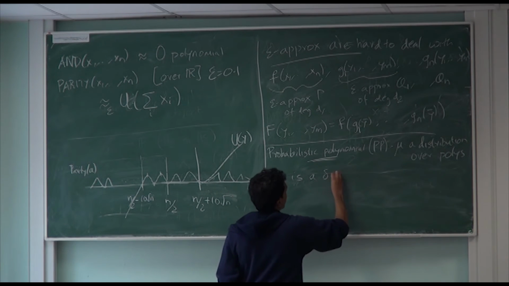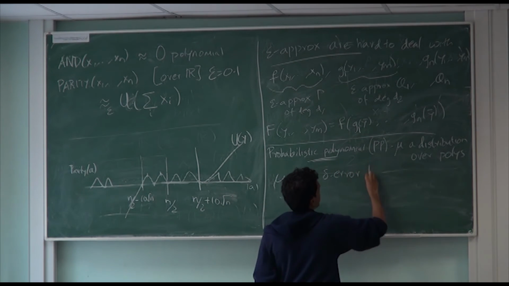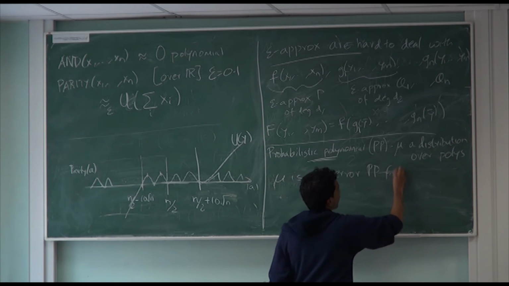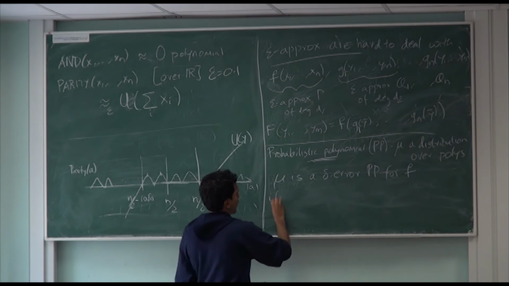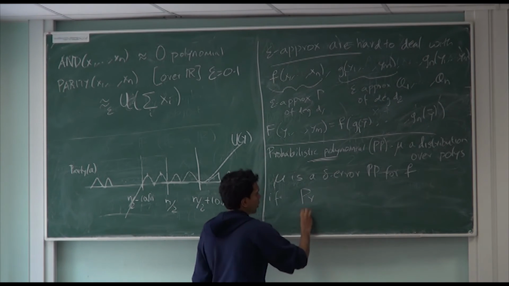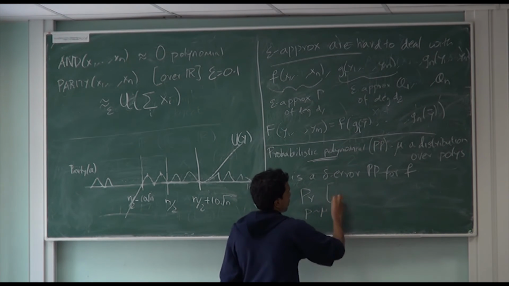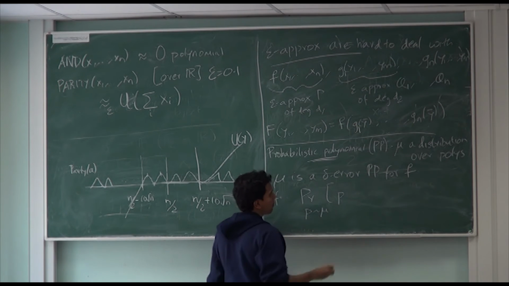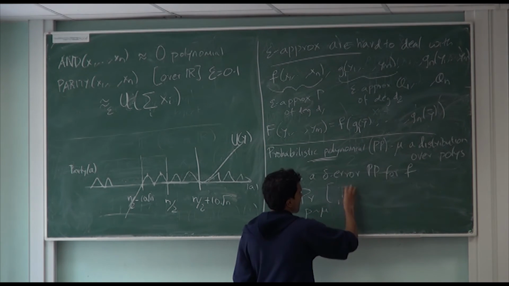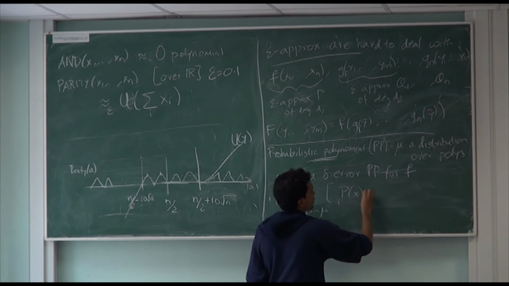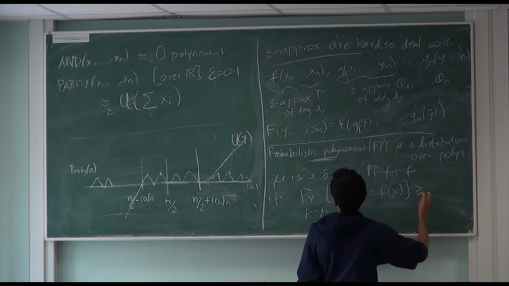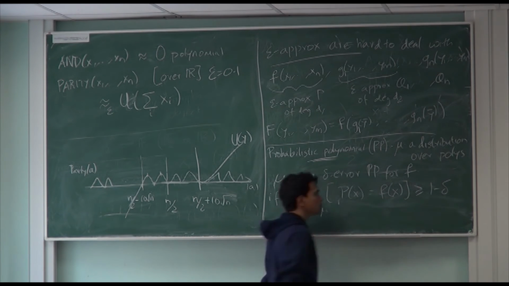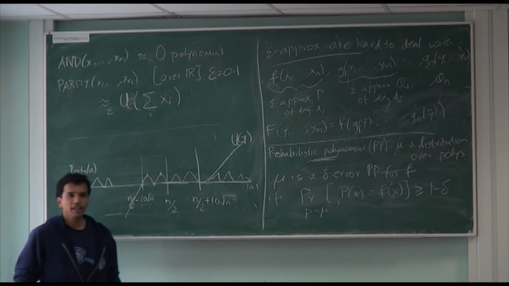Now I say that mu is a delta error probabilistic polynomial for f if the probability that p of x equals f of x is at least 1 minus delta, where p is a random polynomial drawn from the distribution.